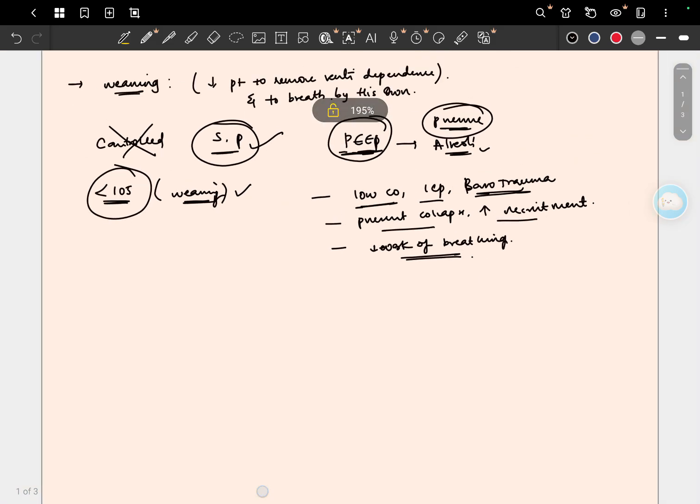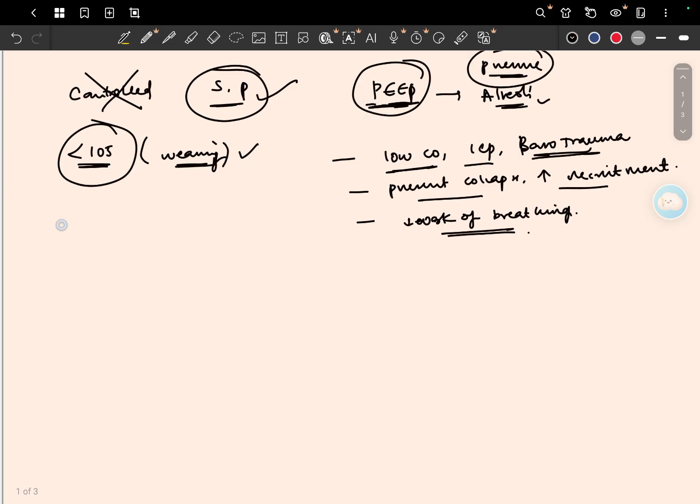Now we have a few goals that we want to meet by mechanical ventilation. We want to achieve a tidal volume of 6 to 8 ml per kg. Then we want a respiratory rate of 16 to 18 breaths per minute.